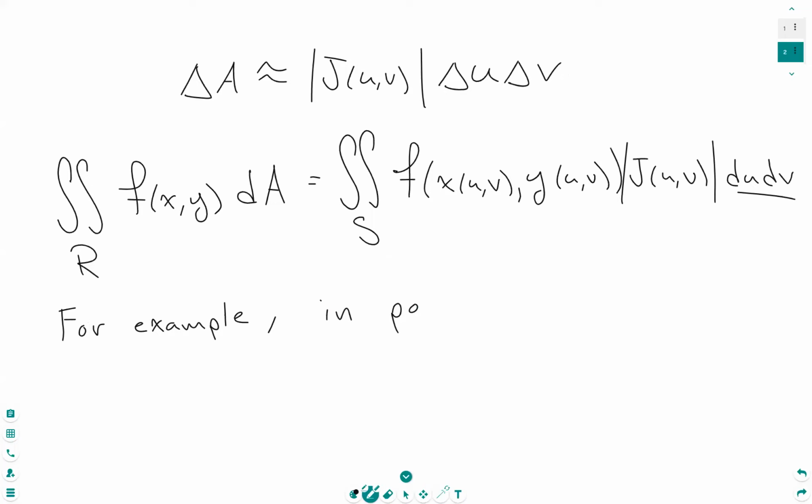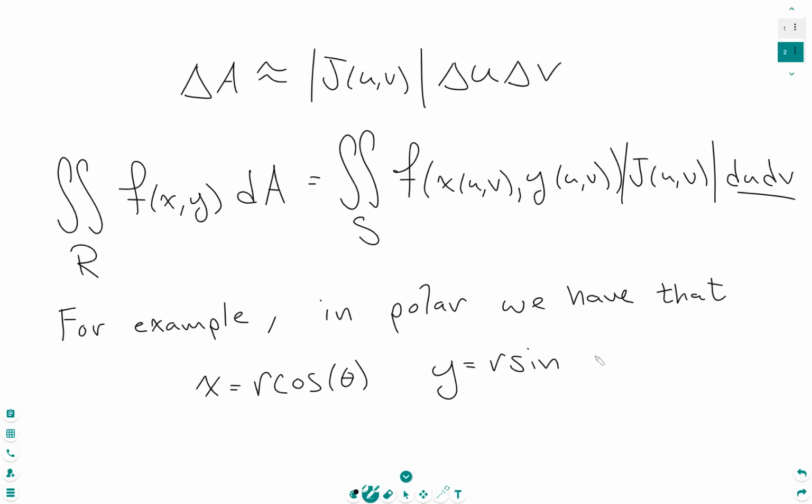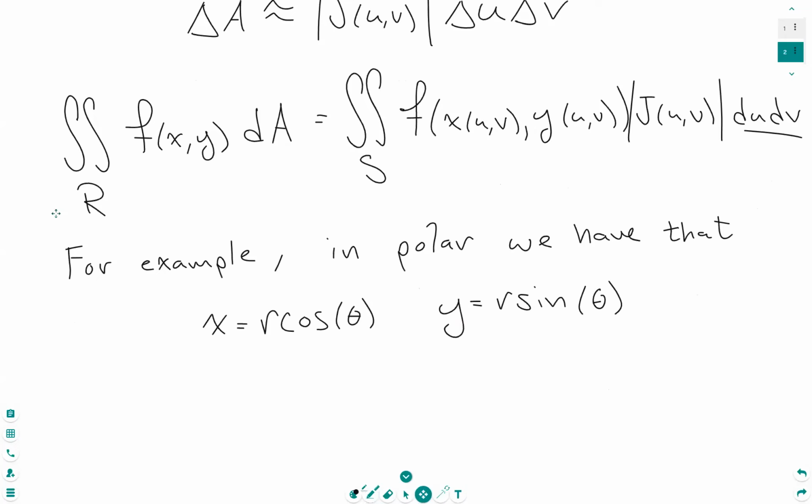In polar coordinates, x is equal to r cosine theta, and y is equal to r sine theta. Now, for polar coordinates, we know that R and S are the same. It's the same region. It doesn't morph at all. It's just another way to express the same ordered pair. But here x is a function of r and theta, and y is a function of r and theta.